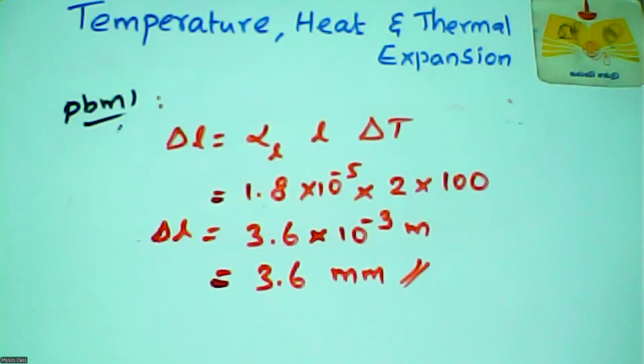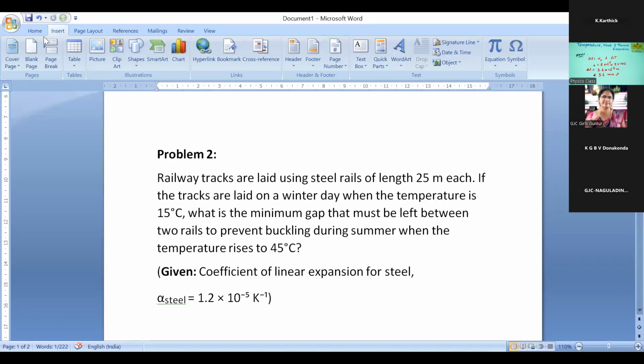Now, second problem. Problem number 2. Railway tracks are laid using steel rails of length 25 meter each. If the tracks are laid on a winter day, when the temperature is 15 degrees Celsius, what is the minimum gap that must be left between two rails to prevent buckling during summer when the temperature rises to 45 degrees Celsius?